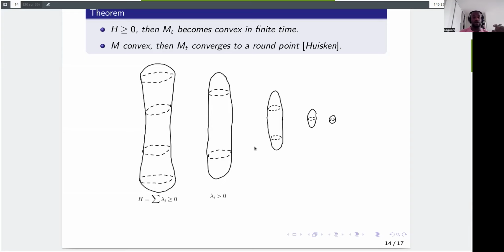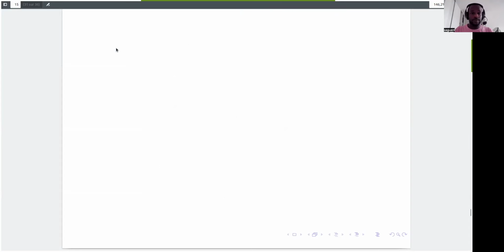The proof of Huisken that if a manifold is convex, then it converges to a round point is exactly the proof of, I don't remember his name, Richard Hamilton, that Ricci flows starting from a convex manifold converge to a round point. I don't have the exact details about this, but I just read it during my thesis.